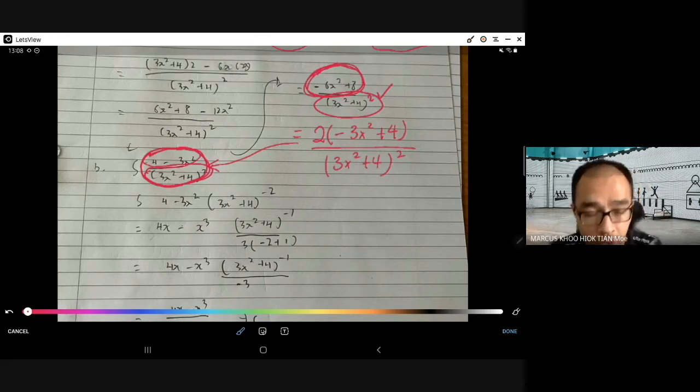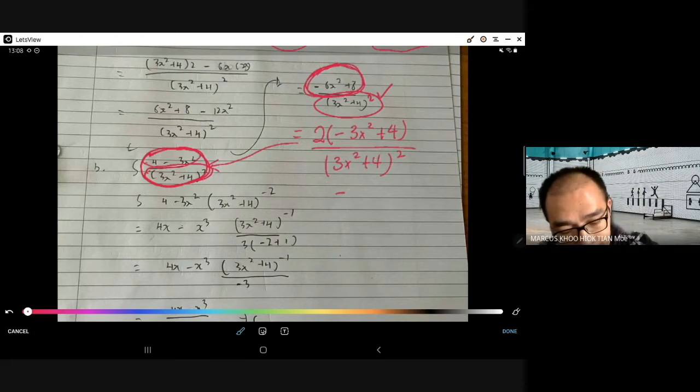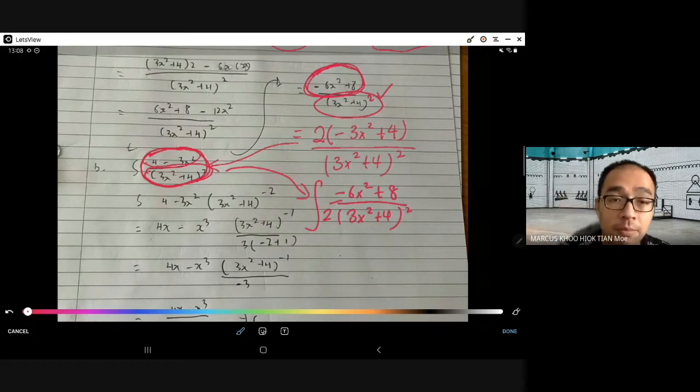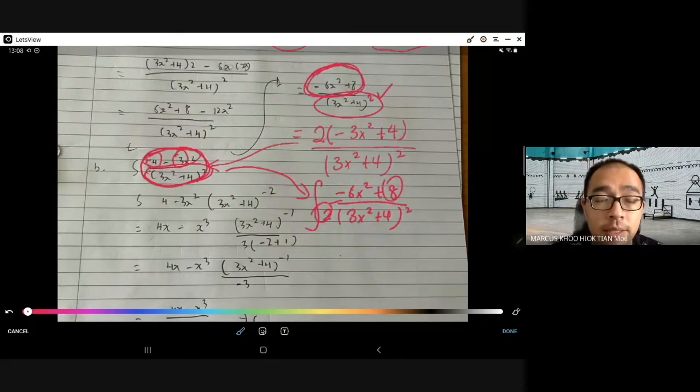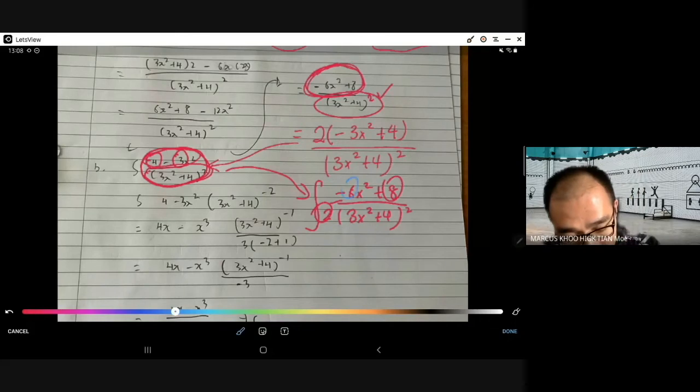So this will actually be negative 6x squared plus 8 over 3x squared plus 4 squared, divided by 2. This and this will become like this. Because 6 divided by 2 is 3 and 8 divided by 2 is 4.